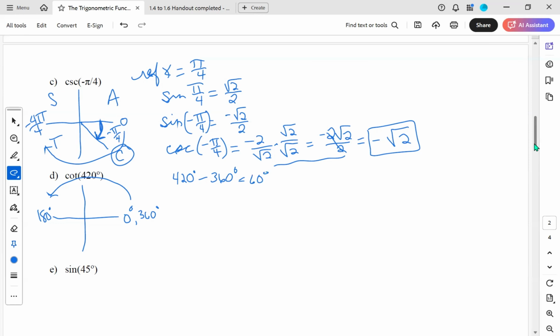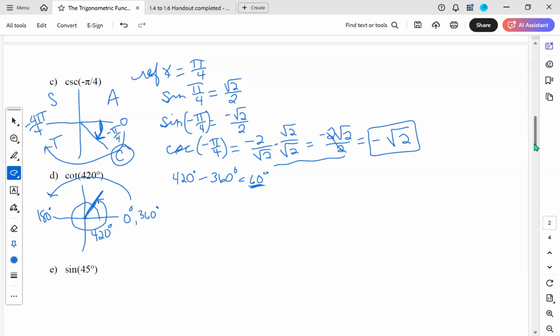This also tells us, because when we subtracted we ended up with an angle in quadrant 1, that 420 degrees is going to end in quadrant 1, because coterminal angles have the same ending. So when I draw my angle, I'm going to go around one rotation, and then come back, and that's my 420 degrees. All right.